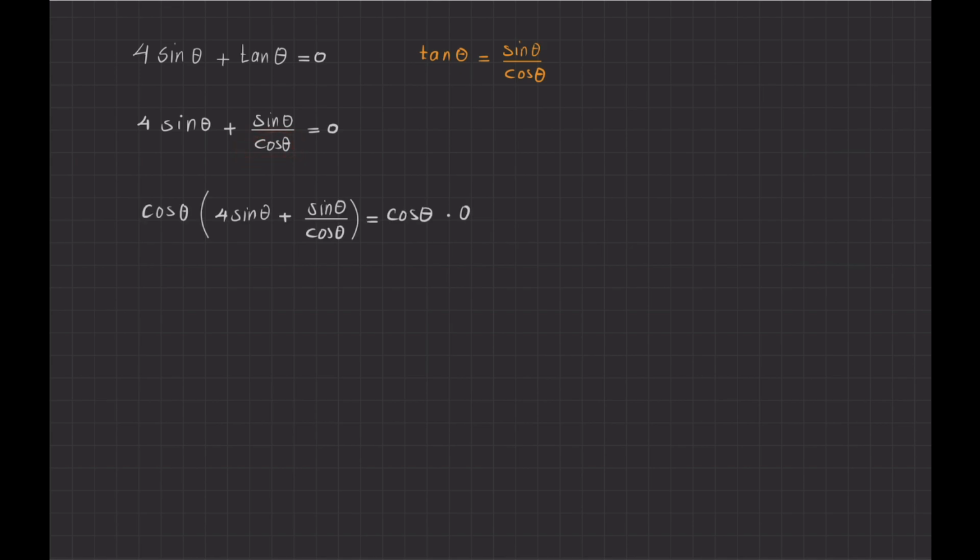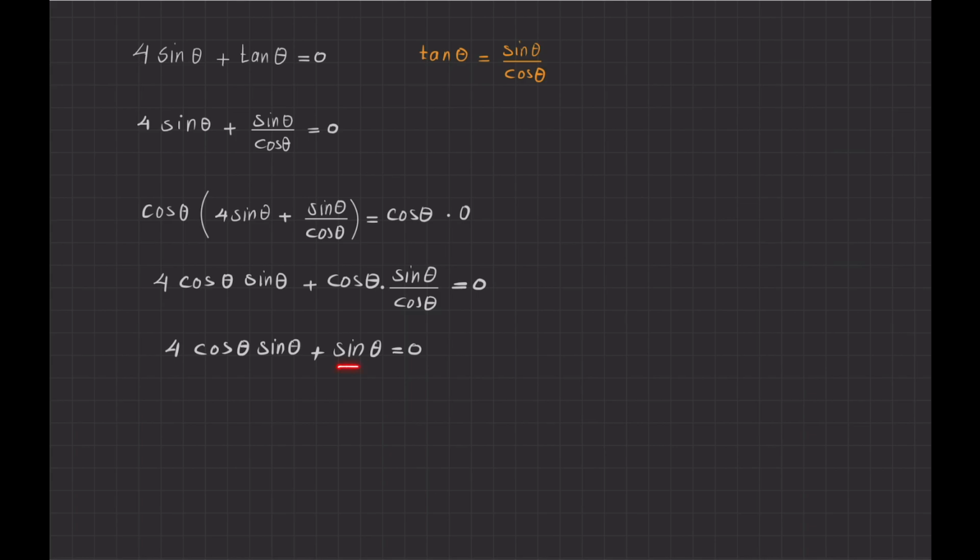So if I multiply both sides of that equation by cosine theta, I will have this. But then I am allowed to multiply this inside here and there, and of course this becomes simply 0. But then this cosine theta here and that cosine theta here can be simplified, then I get this expression.